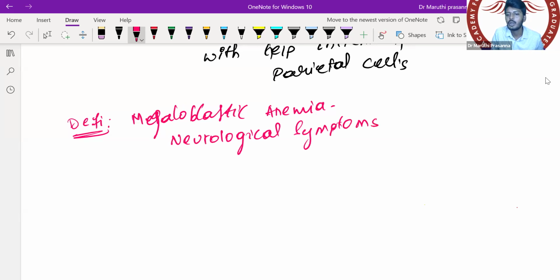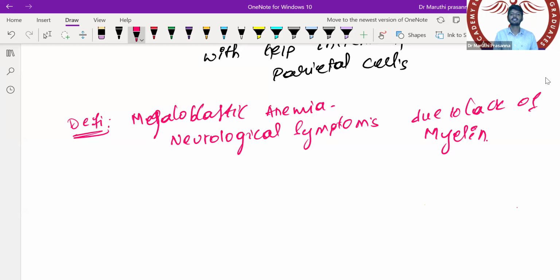Neurological symptoms occur due to lack of myelin, because for the synthesis of myelin you require B12. If B12 is not there, myelin will not be there.